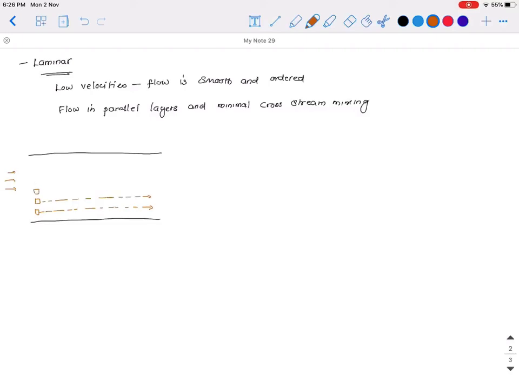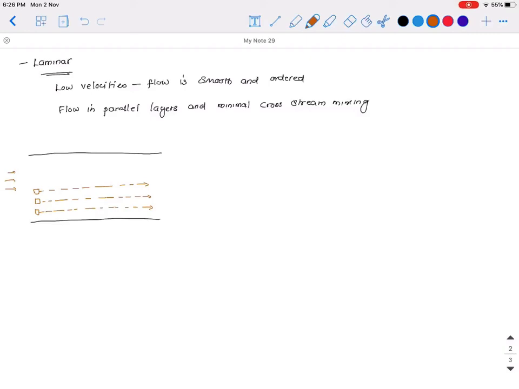So these lines that I am saying, considering steady flow, can be path lines or streak lines. These lines are very smooth and ordered. Flows occur in parallel layers.